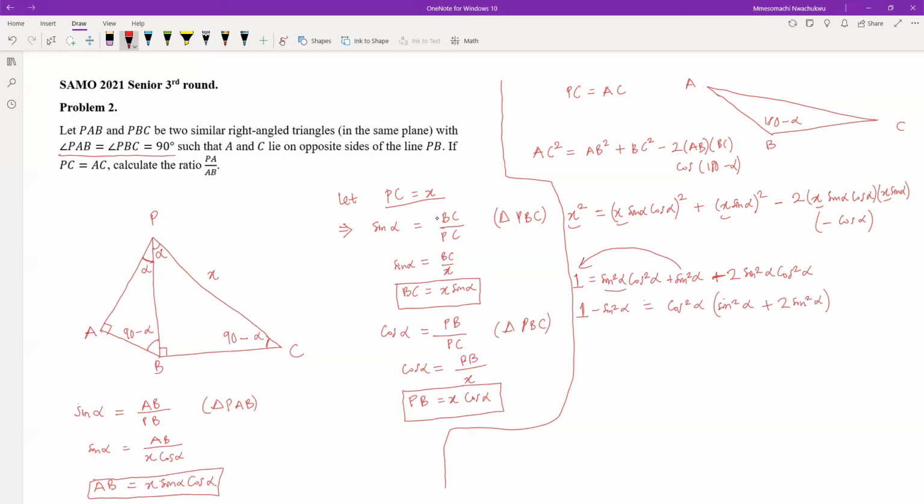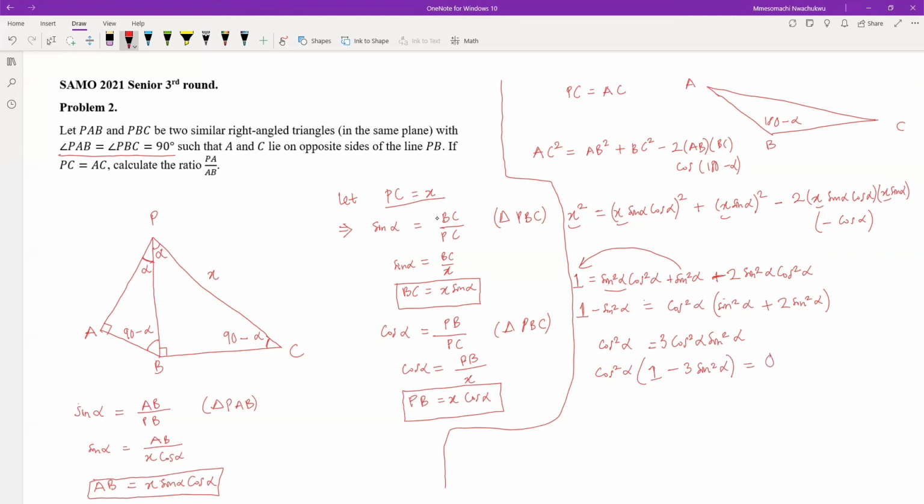Okay, so 1 minus cosine squared alpha is cosine squared alpha equals to cosine squared alpha. And so let me just put this as 3 sine squared alpha. Okay, so I have cosine squared alpha into 1 minus 3 sine squared alpha equals to 0.